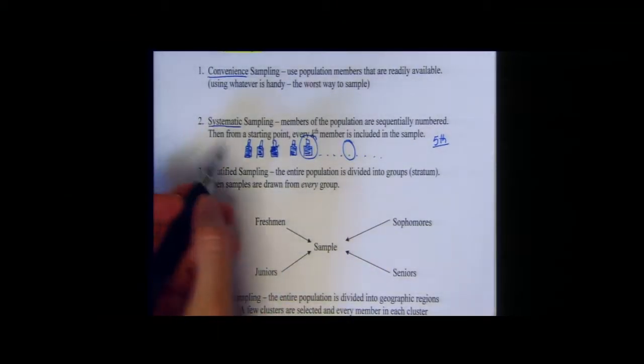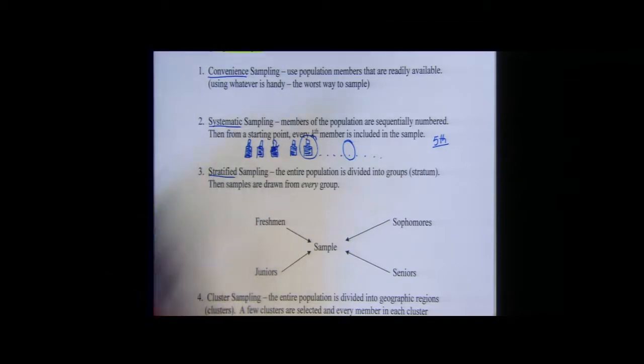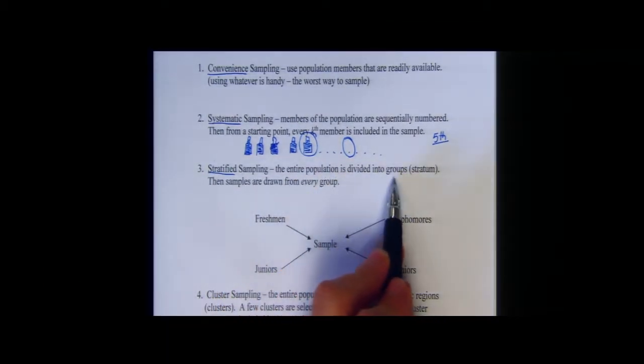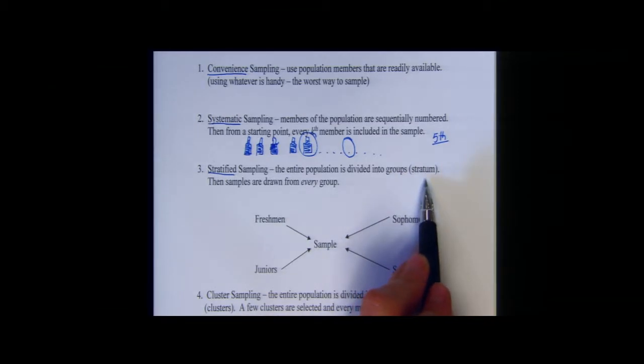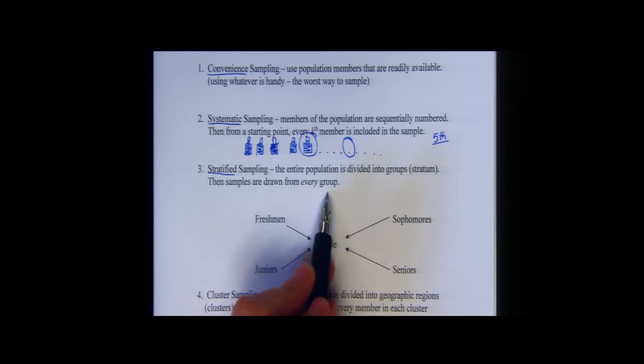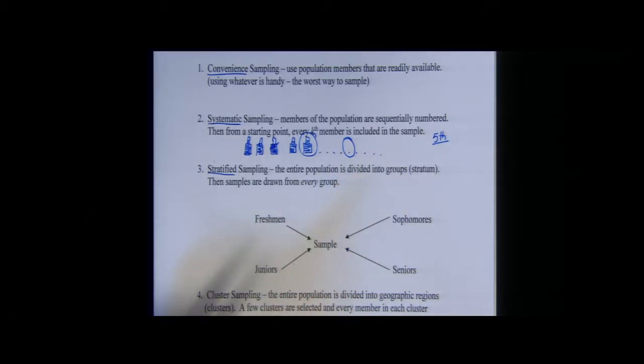The third type is stratified, and this is where the entire population is divided into groups, also known as stratum, and then samples are drawn from every group, which means you have representation from every group.